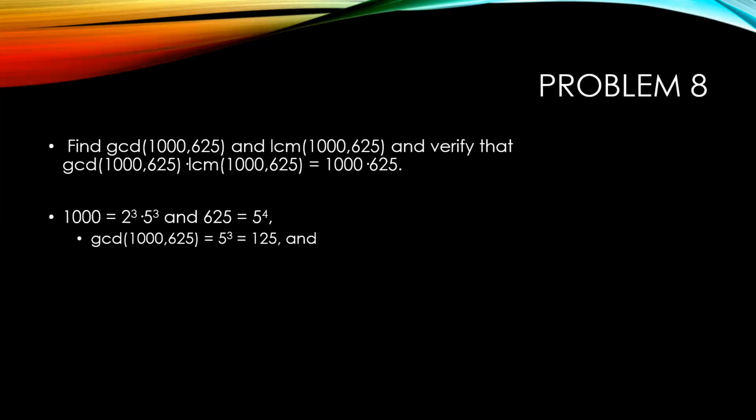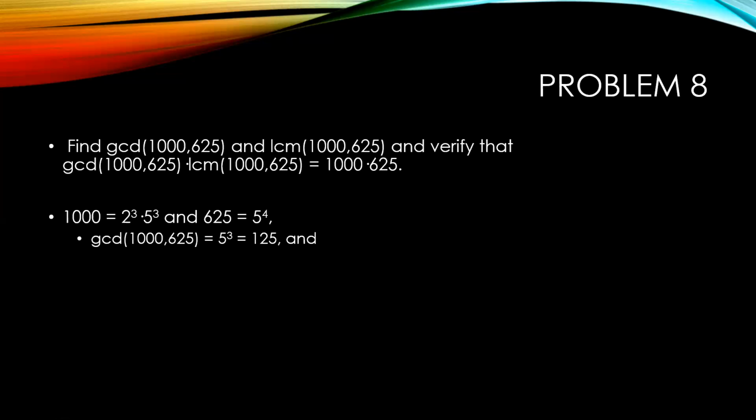So the GCD is 2 raised to 0 times 5 cubed. Why 2 raised to 0? Because it's not present in our second given, so we choose 2 raised to 0, which is equivalent to 1. So 1 times 5 cubed, since 5 cubed is the smallest compared with 5 raised to 4. So 5 cubed is equal to 125. This is the GCD.